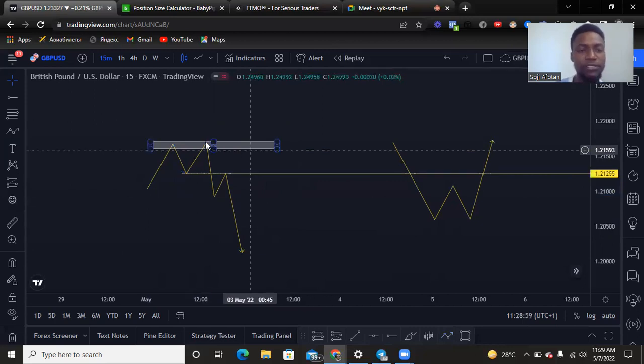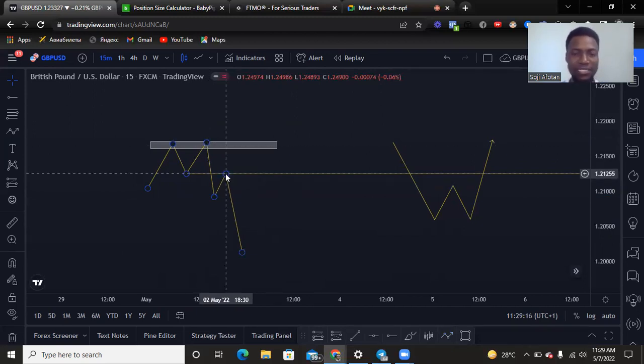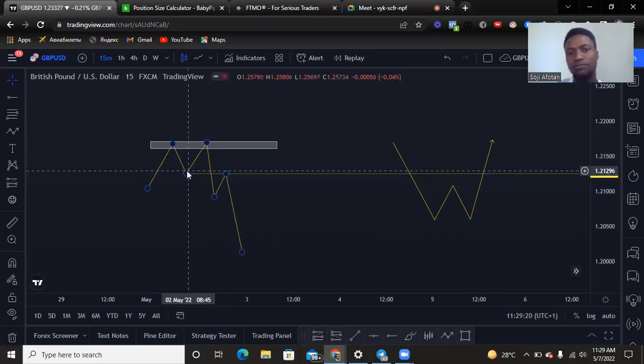So entering at this point is a risky entry because you're not yet certain if it's going to move. Now, entering at this point is less risky. Why did I say it's less risky?